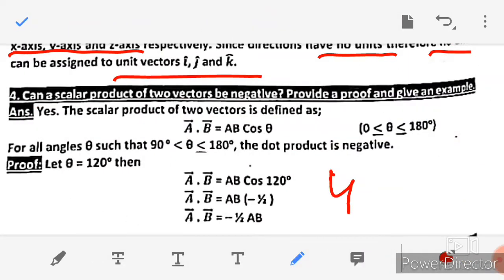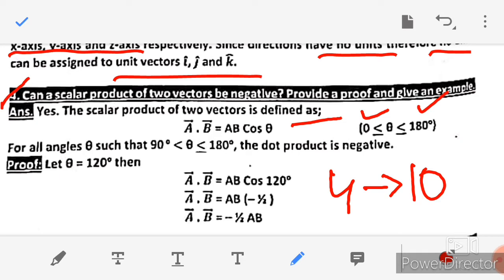Now moving towards question number 4. Questions 4 to 10 are included in the reduced syllabus for examination of 2021. Question 4: can a scalar product of two vectors be negative? Provide a proof and give an example. So the answer is yes. The scalar product of two vectors is defined as A dot B is equal to AB cos theta, and theta is between 0 and 180 degrees.